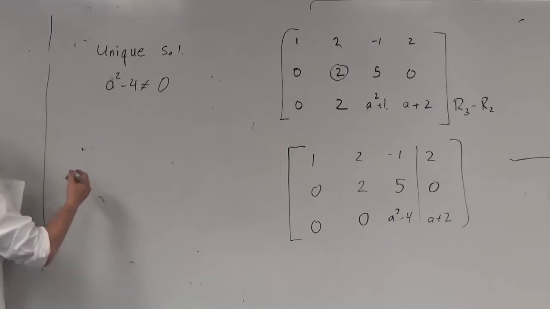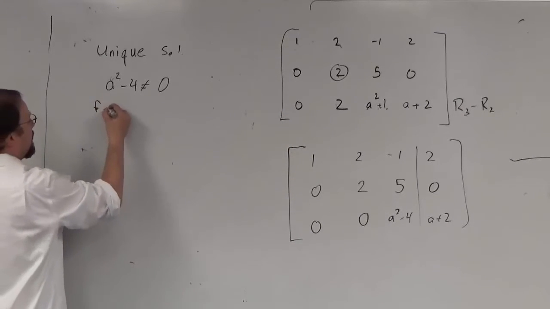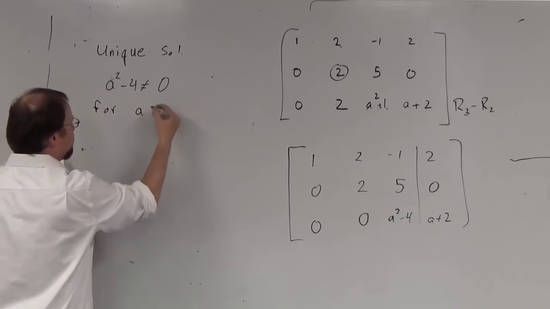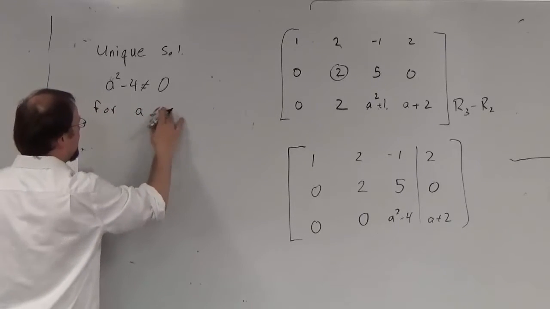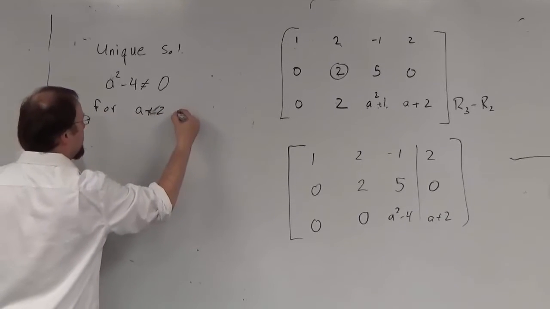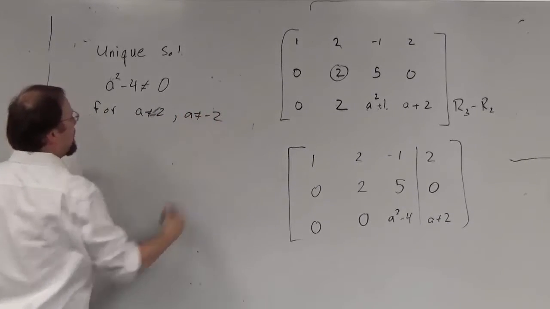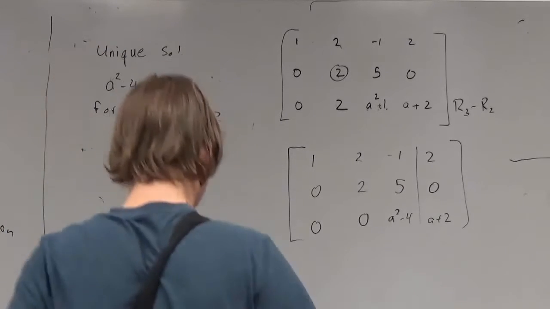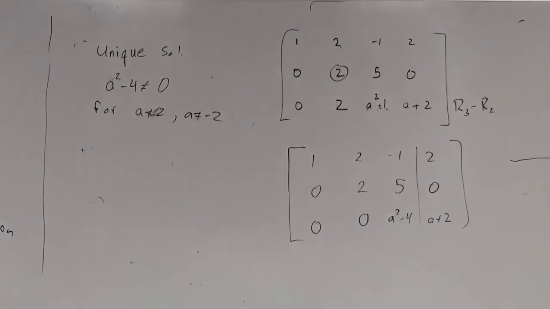So that's not 0 for A, that's any real number not equal to 2 and not equal to -2, right? So any other real number. All right, so that's just a reminder of that.